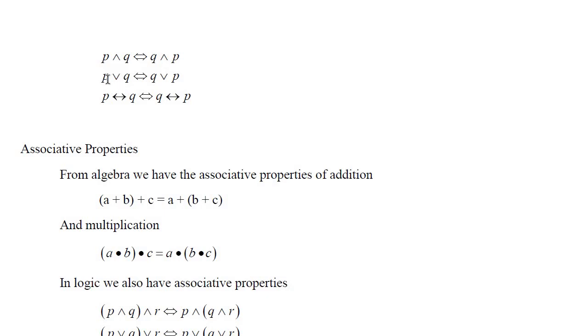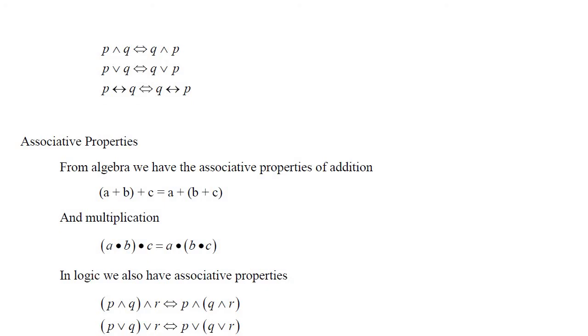P ORed with q is equivalent to q ORed with p. And p if and only if q is equivalent to q if and only if p. So, these statements are equivalent. If you have an AND statement, an OR statement, or an if and only if statement, you can reverse the order and get an equivalent statement.